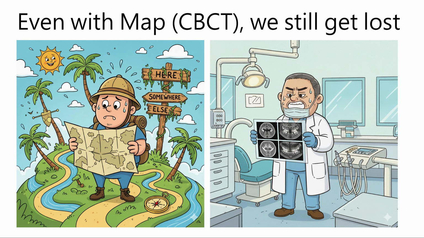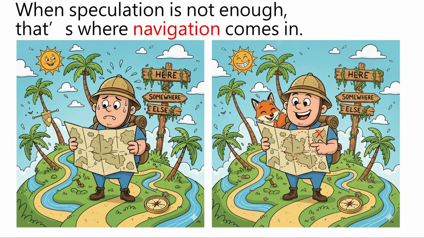So that's what I'm going to say. If you have a CBCT, that means you have a map. But everybody knows if you have a map, you still can get lost. That's what this picture means. You have a CBCT, but sometimes you are not very clear where you are going. So that's where navigation should come in.